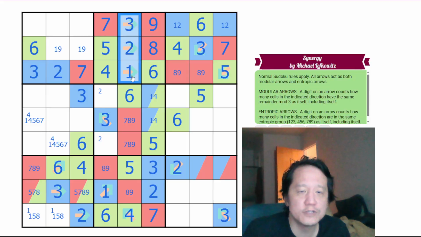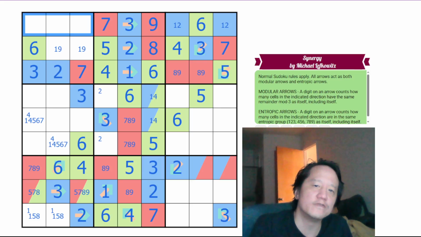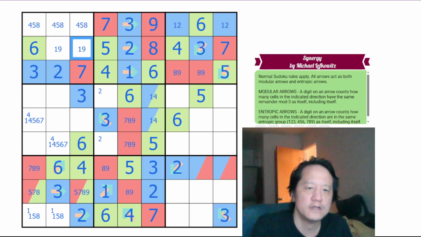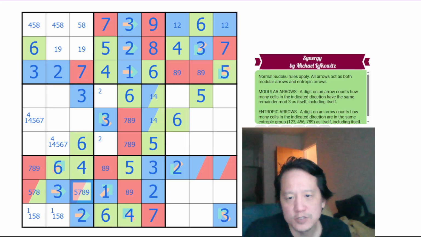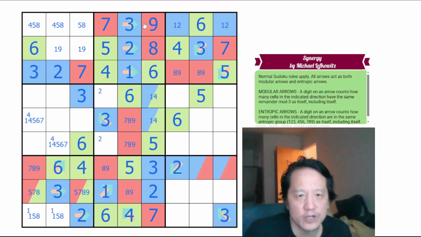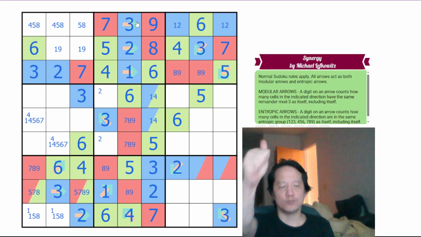So which ones are satisfied? Remaining digits in row 1 are 4, 5, and 8. This can't be 4 because of 4 in the column. So let's make sure everything's satisfied. 3, pointing at 1, 2, and 3.